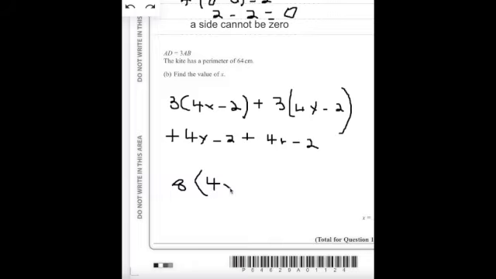So you then rearrange this to find x. You have 8 lots of 4x minus 2. So 32x, and 8 times minus 2 is minus 16. The 16 goes on to the other side, so it's 16. You start off by making it equal to 0.